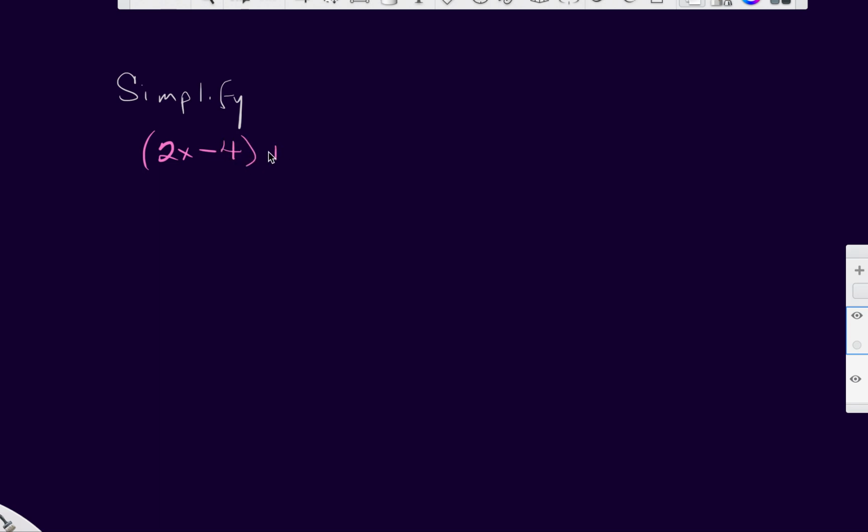Then we're going to add to it negative 4x plus 8. And really all we do here is add like terms, so 2x plus negative 4x is negative 2x. And then negative 4 plus positive 8 would be positive 4.